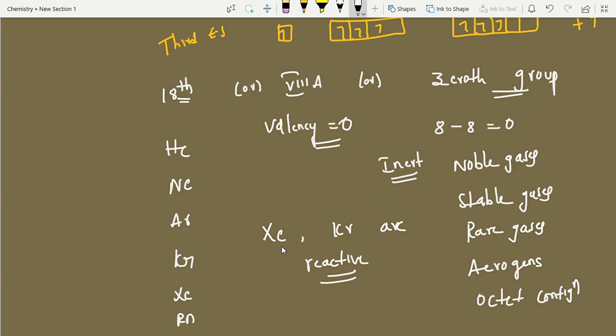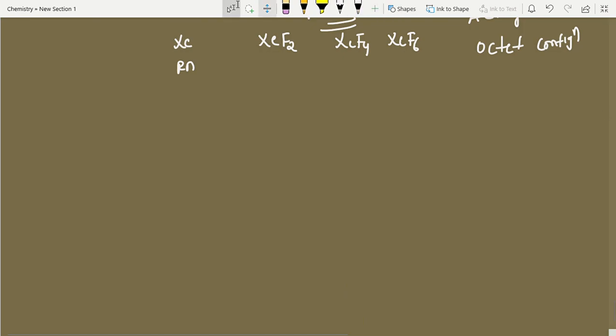But xenon and krypton can form some compounds with more electronegative elements, like XeF6, only with fluorine and oxygen. Why? Because xenon has sufficient electrons, 8 electrons in the valence shell, that is stable. Whenever oxygen and fluorine approach xenon, it forms compounds, based on ionization energy values.